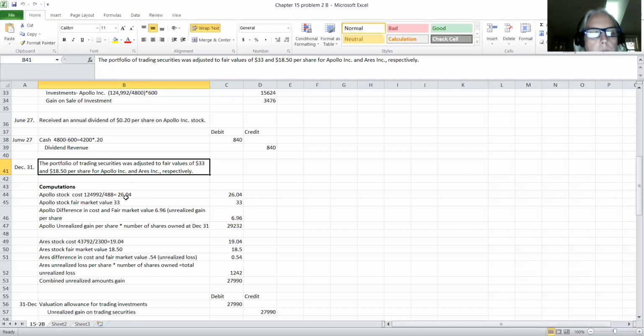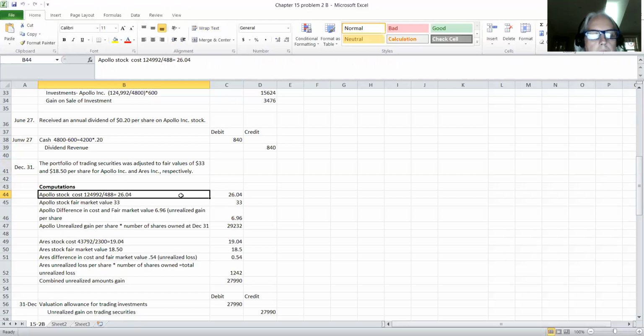I'm going to start with Apollo stock first and tell you that you need to find the cost per share of stock. And so Apollo's stock cost $124,992. We divide it by 488 shares of stock, and that will give us a total cost per share of $26.04.